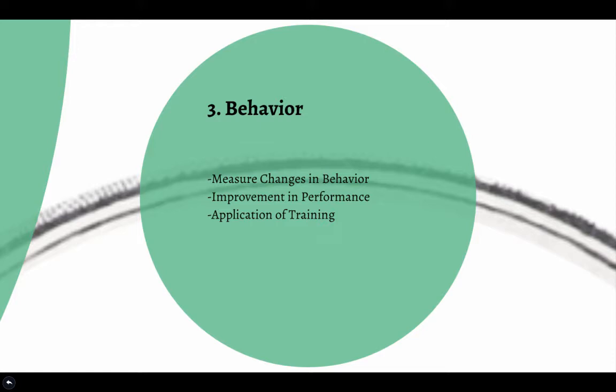Therefore, you assume that your trainees haven't learned anything and that the training was ineffective. However, just because behavior hasn't changed, it doesn't mean that trainees haven't learned anything. Perhaps their boss won't let them apply the new knowledge, or maybe they've learned everything you taught, but they have no desire to apply the knowledge themselves. This is why we then want to examine behavior.